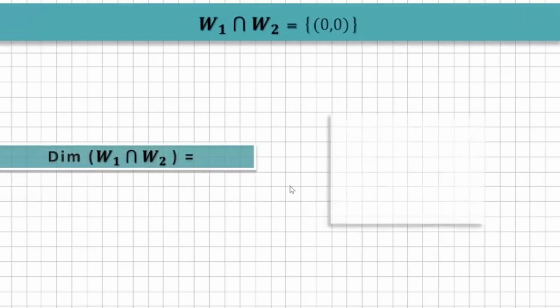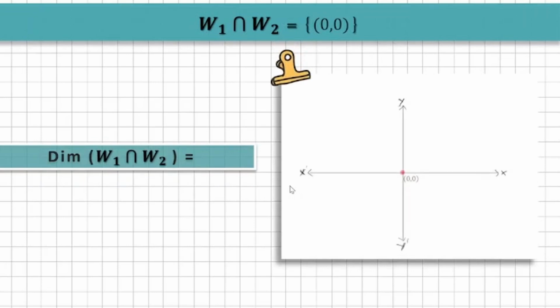Now, what is the dimension of the zero vector space, that is W1 intersection W2? 0. Yes. How do you say that the dimension of the zero vector space is 0?